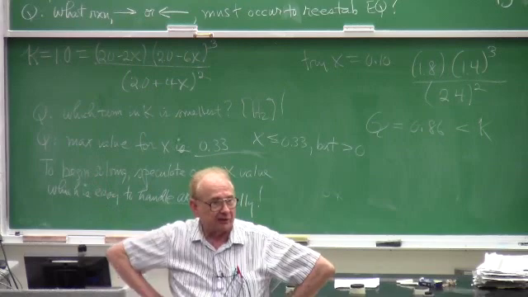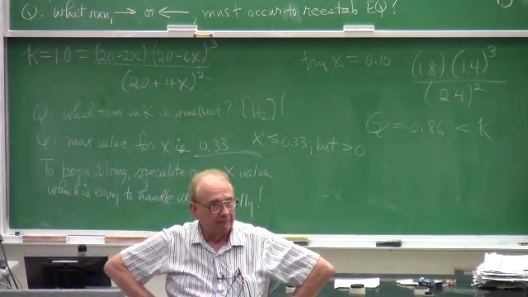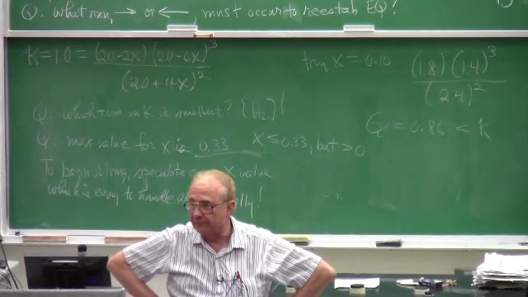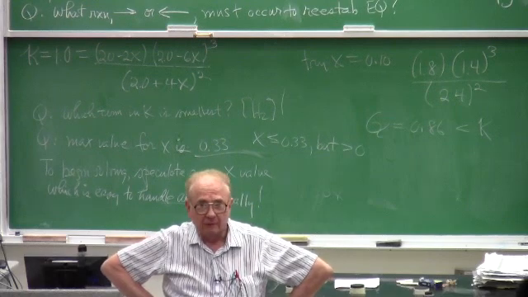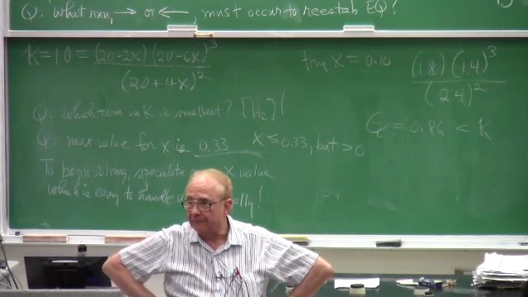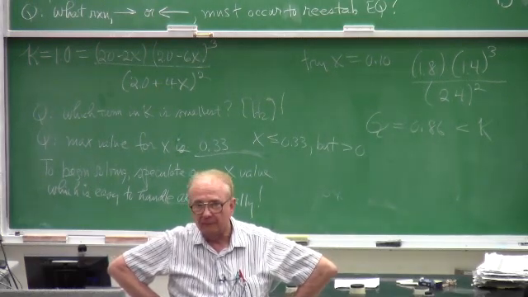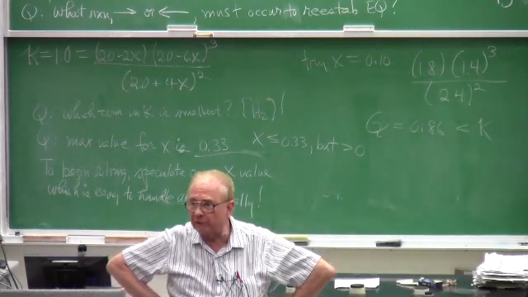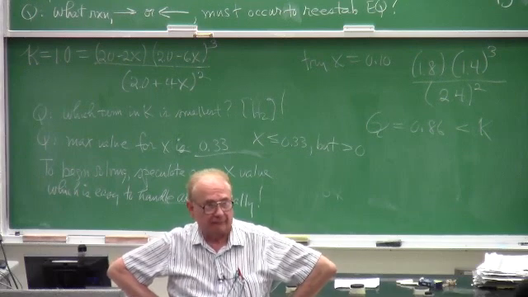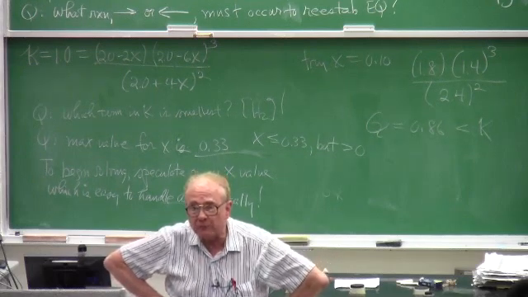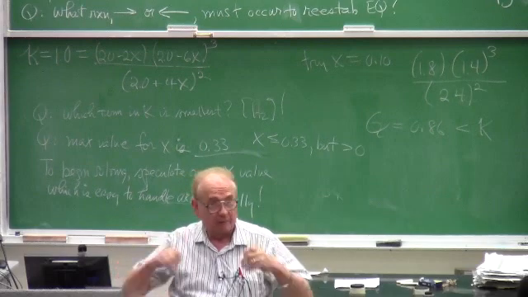Student in my class a couple years ago couldn't divide 3.5 by 7. And I said, what's 35 divided by 7? 5. So I said, what's 3.5 divided by 7?